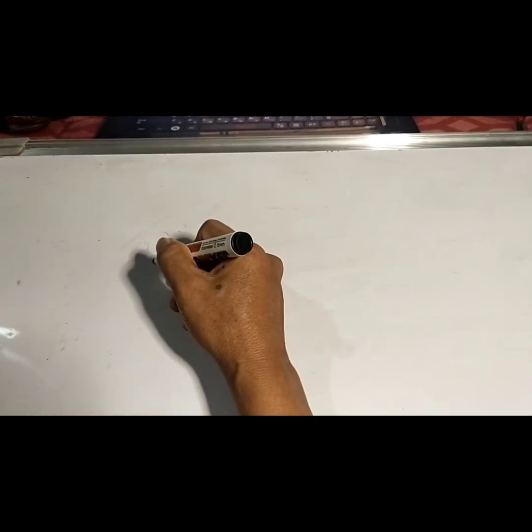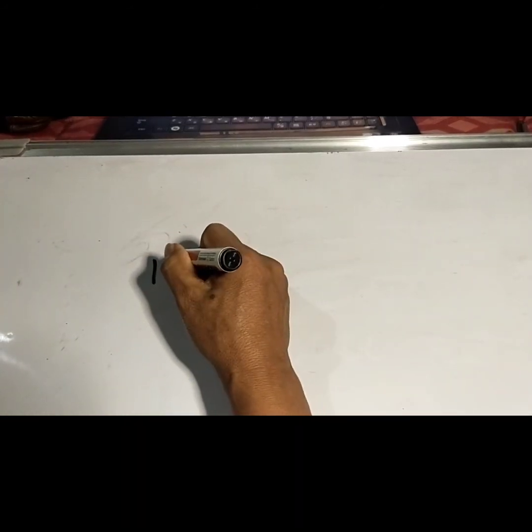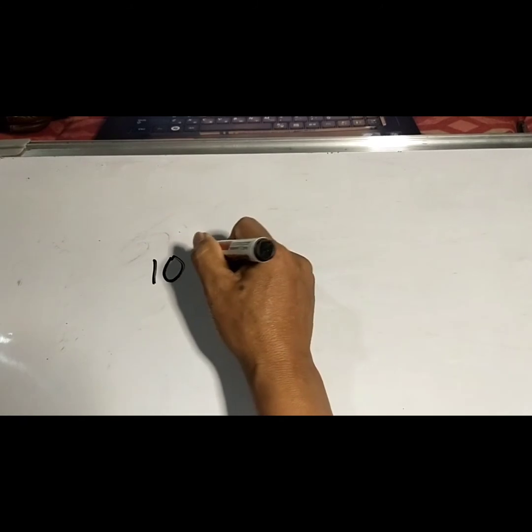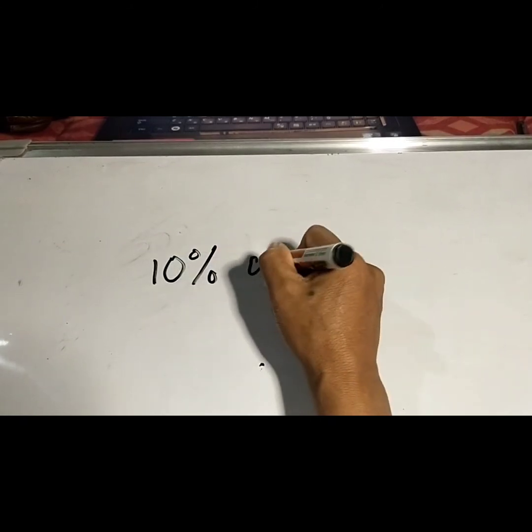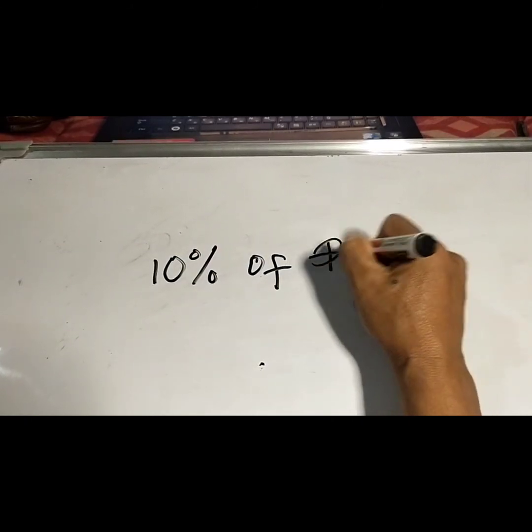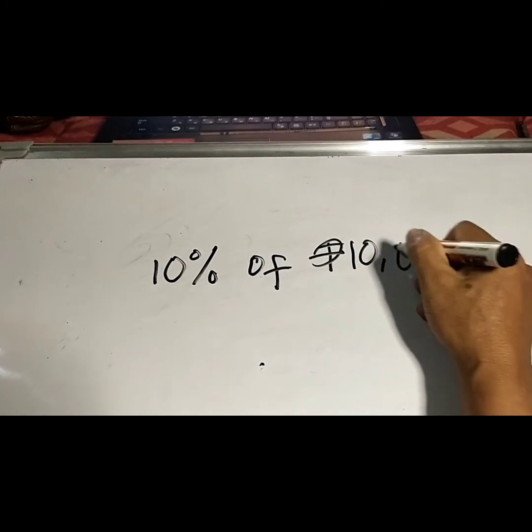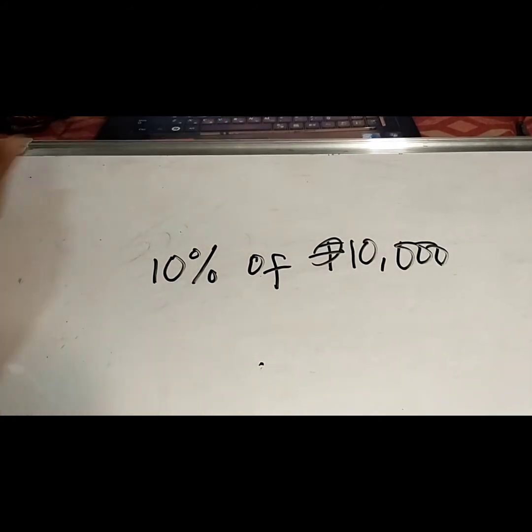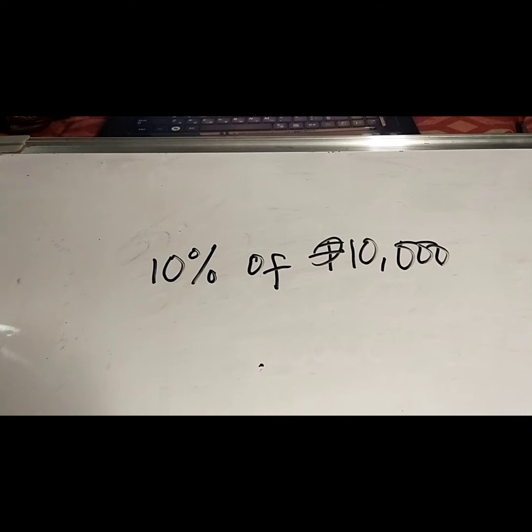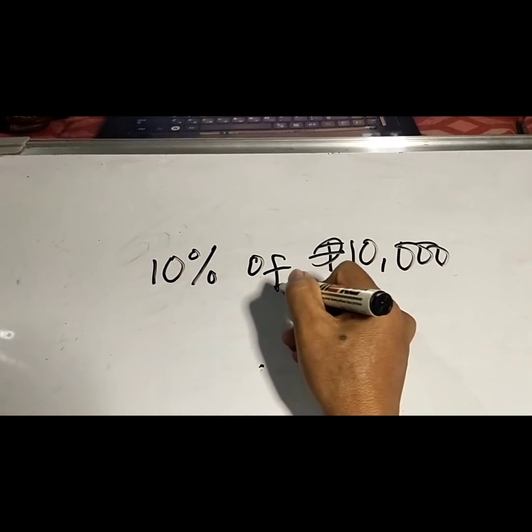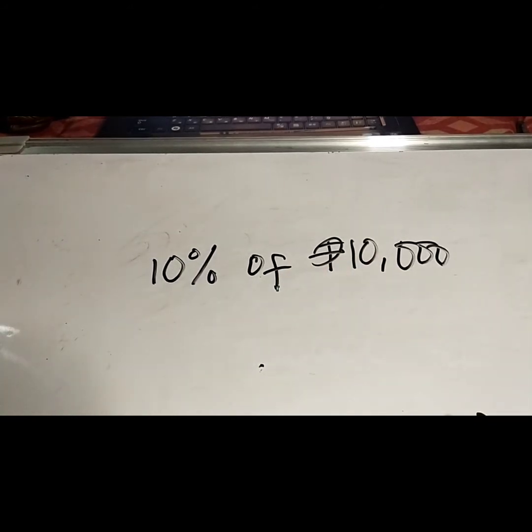So if others has the least allocation of 10%, how much was that amount? If we will have to solve for allocation for others, you have 10% of, again, 10,000. Why 10,000? It is the budget of the family. So we will have to find the allocation by multiplying 10% to 10,000.